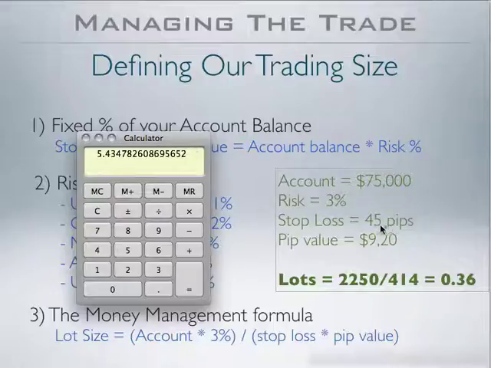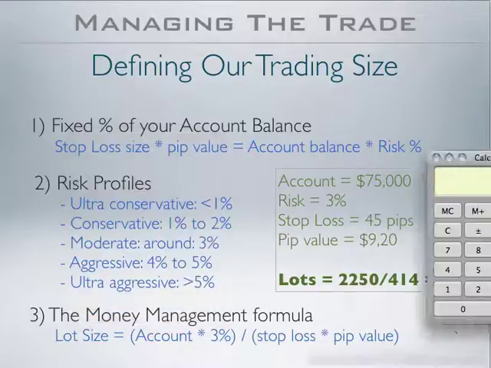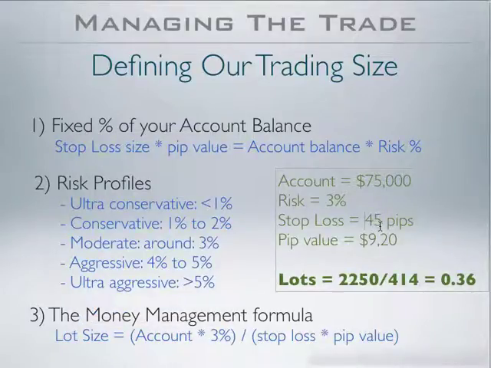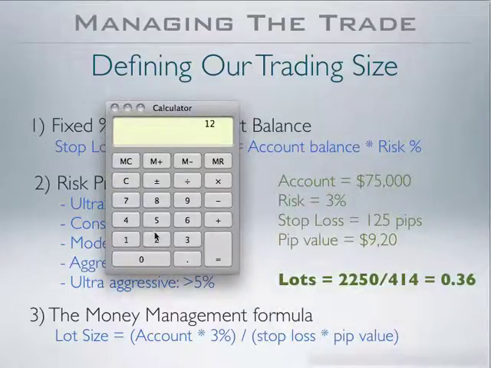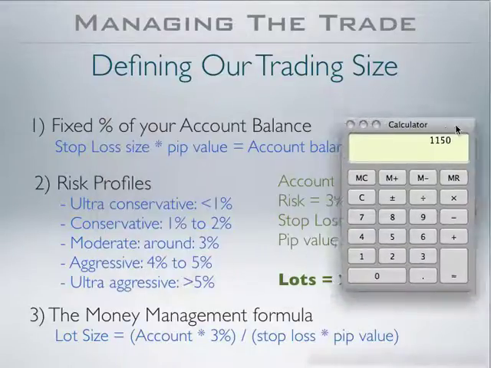On the other hand, let's imagine that instead of taking a trade where the stop loss size is just 45 pips, let's change that to 125 pips. Now if we multiply 125 pips times $9.20 per pip, that's 1,150.